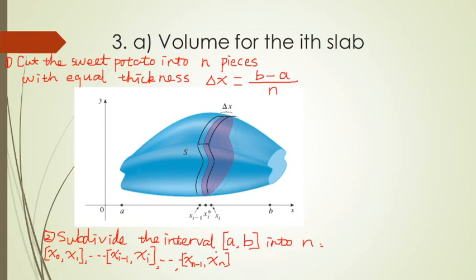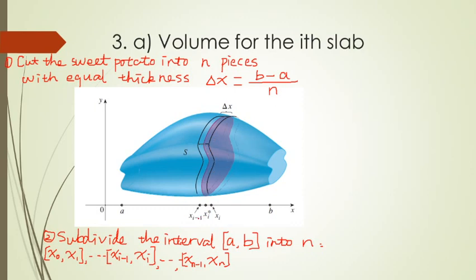In the next step, let's look at how we estimate the volume for the ith slab. We call each piece a slab, okay? Each slab is some cross-sectional region with a little thickness.